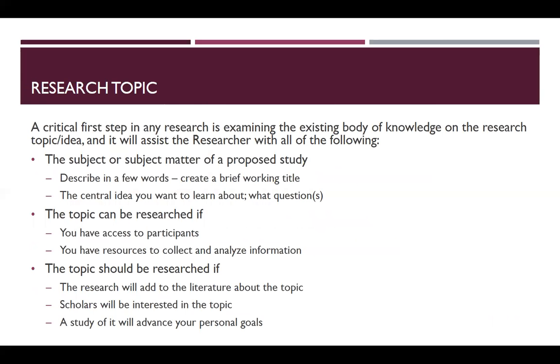Okay. So just a little bit more about literature reviews. It is a critical first step that you know what your subject is, and that you describe that in as few words as possible. What's the central idea? If I'm doing a literature review on, say, effective treatments for opioid addiction, then I want to make sure that I've operationalized my terms and I'm very clear on what I'm trying to understand.